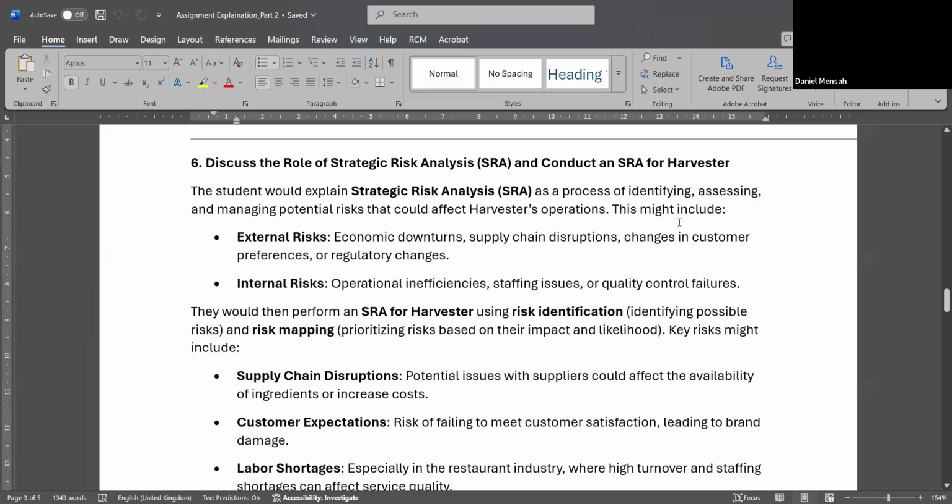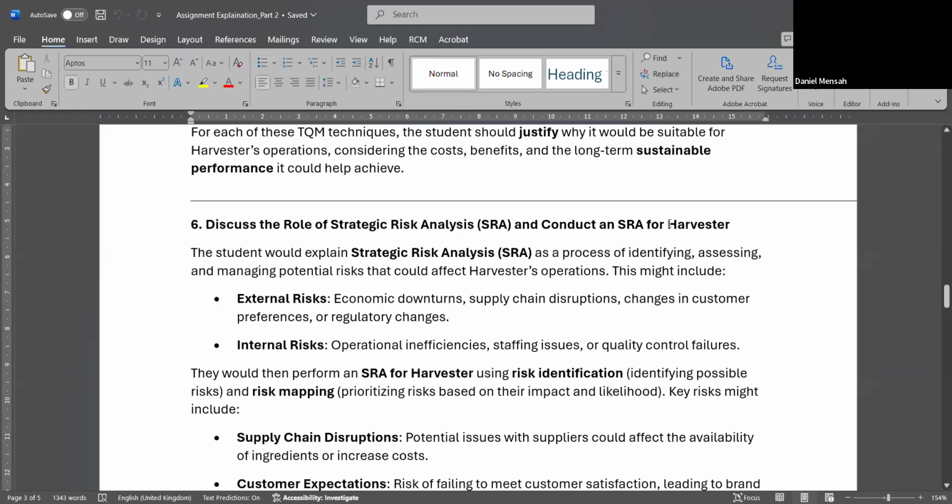Then, first you are going to explain SRA, then you are going to say why, using this framework, you can identify external and internal risks, and then you can discuss more benefits of strategic risk analysis.